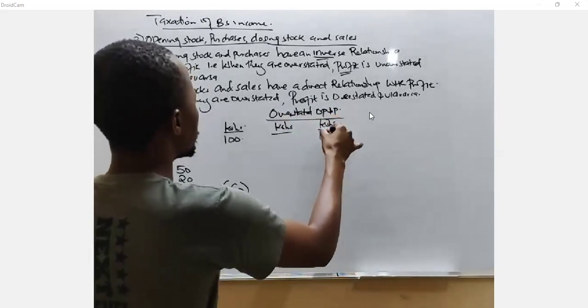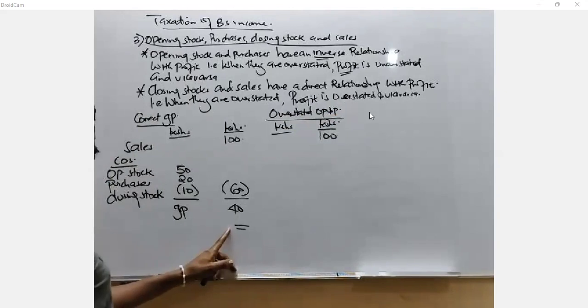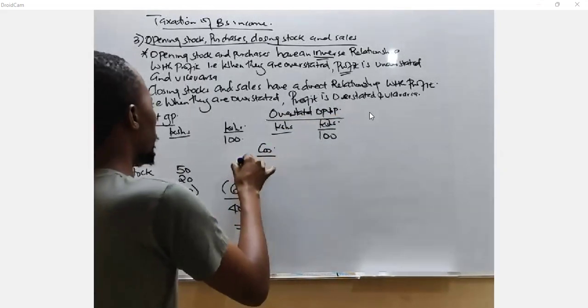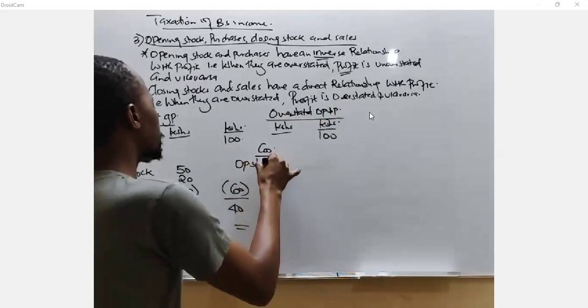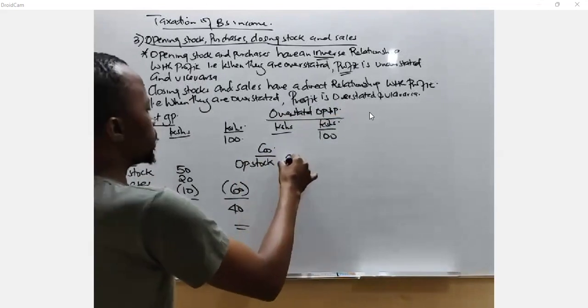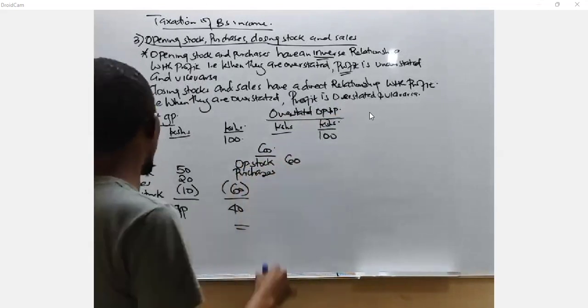So if we are going to be overstating the opening stock and purchases, what will be the effect on the gross profit? We have our cost of sales there. We have our opening stock. Instead of the opening stock being 50, let it be 60. We have our purchases.